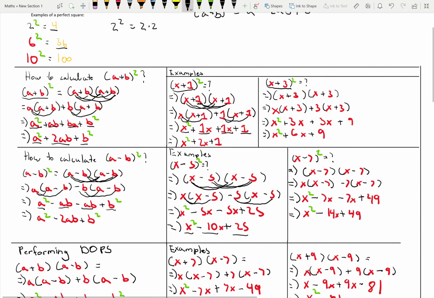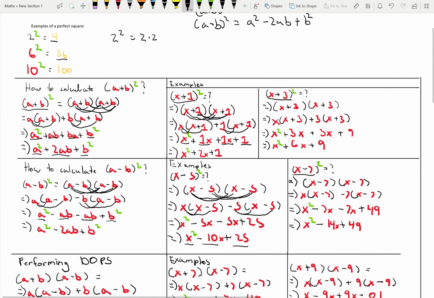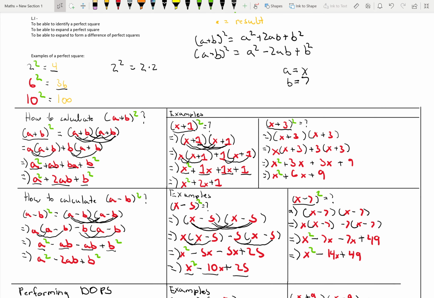Let's try that formula for this question. (x minus 7) whole squared. Here we can substitute a becoming x and b becoming 7. Sorry, a equals x, b equals 7.